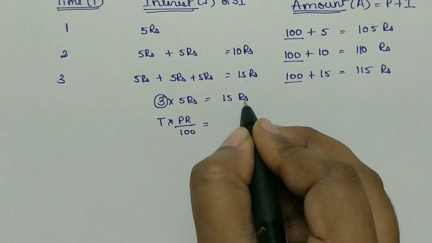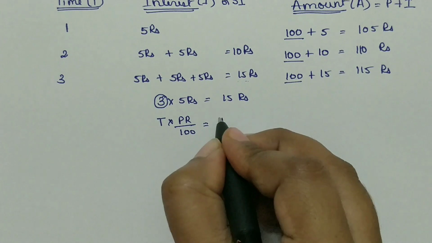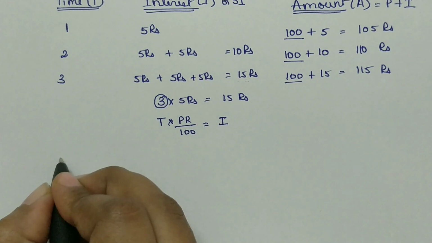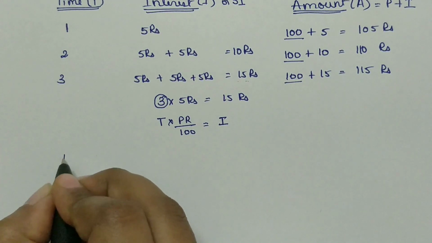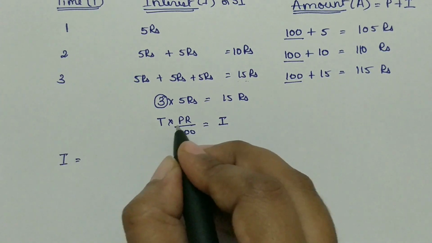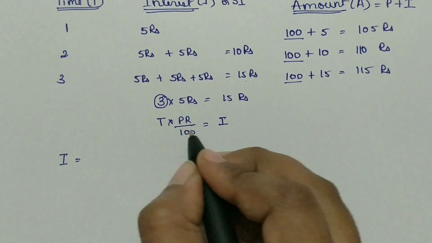And 15 rupees is interest I. Therefore, interest or simple interest I equals TPR by 100, or PTR by 100.